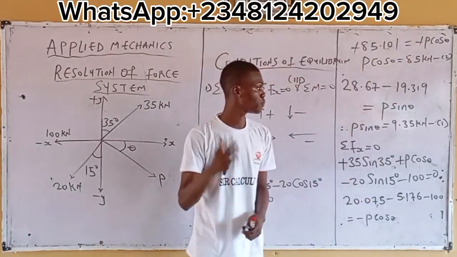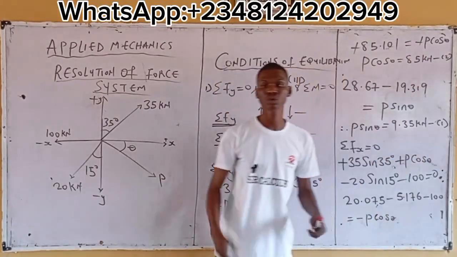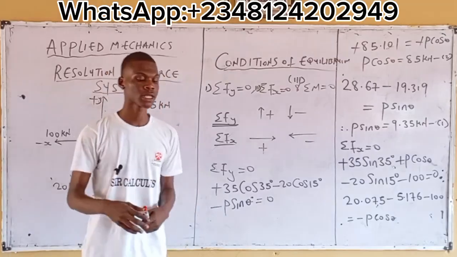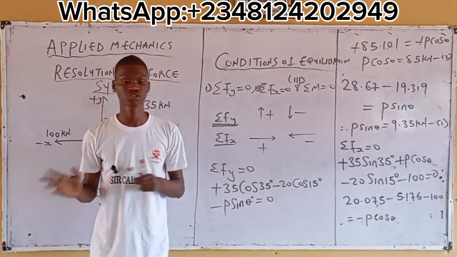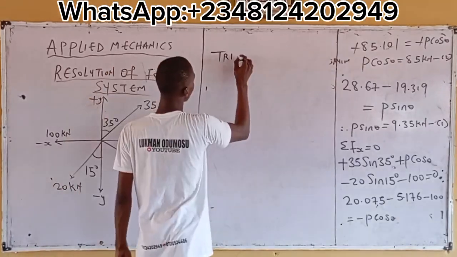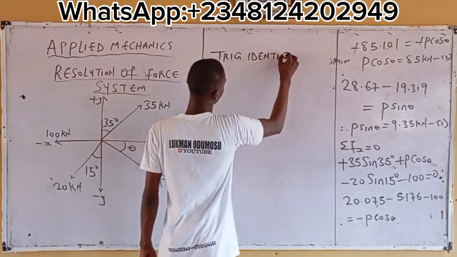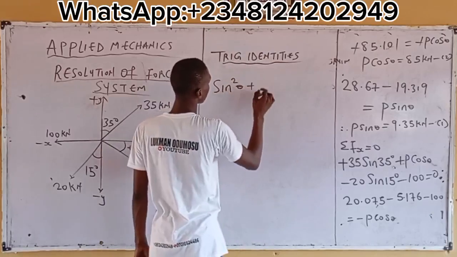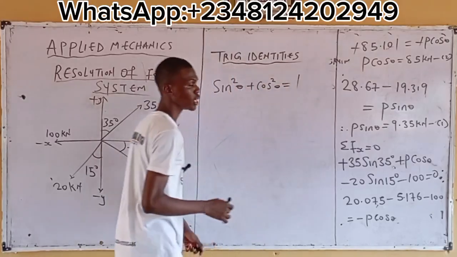Now, how do we get P and this theta? Using equation 1 and equation 2, you get these guys that you are looking for, which is what? P and what? Theta. Now, we recall your trigonometry, that's what we'll be using here, trig identities. From trig identity, we have that sine square theta plus cos square theta is equal to what? 1, right?